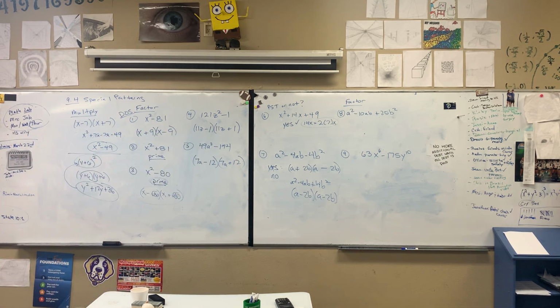If you're kind of stuck, pro tip, what number do they have in common? Anybody figure out what they have in common? 7. Factor out the 7. Then you can do one more factoring from there. And then I'll be with you momentarily.